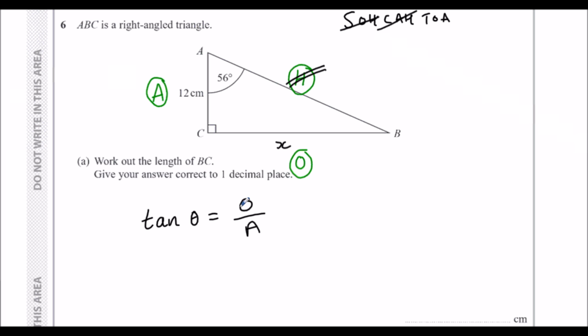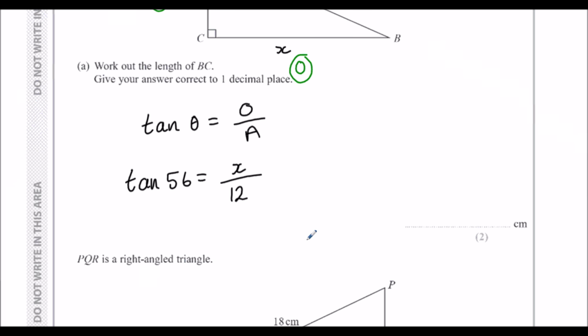So substituting in now, the angle is 56, so tan 56 is equal to X divided by 12. We're solving an equation. We want to get X by itself. At the moment, X is divided by 12, so we do the opposite, which is timesing by 12.